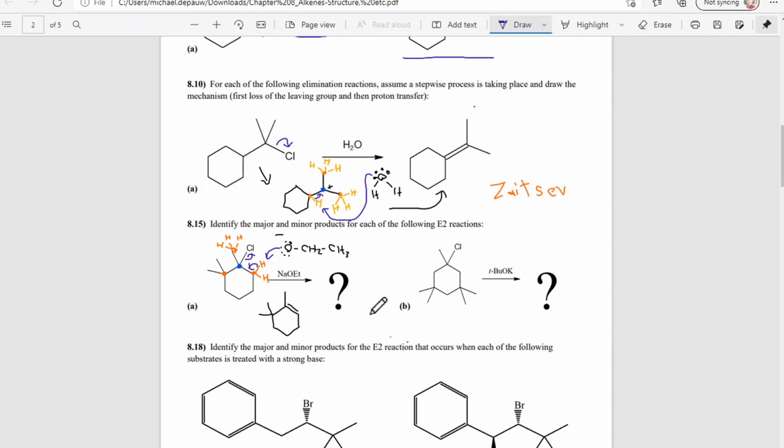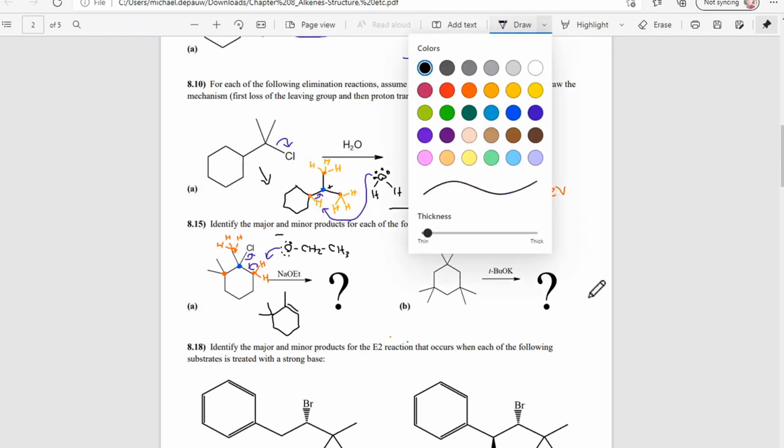This is good. So the next one is tert-butoxide, and TBOK is potassium tert-butoxide. I'm going to show you what it is because it's kind of a beastly substance.